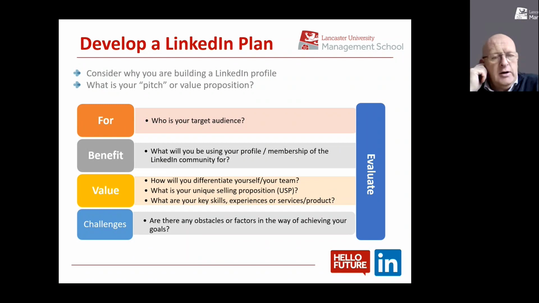So first of all, going back to the point I made, when you compare your use of LinkedIn to other social media, you might want to think, well, who is your target audience? If you're looking for vacancies, if you're looking to apply for work, or you're looking for a job, it's probably recruiters. As I mentioned earlier on, I'm not looking for a new role, so my target audience is often other people working in career services, as I said, in the UK and internationally.